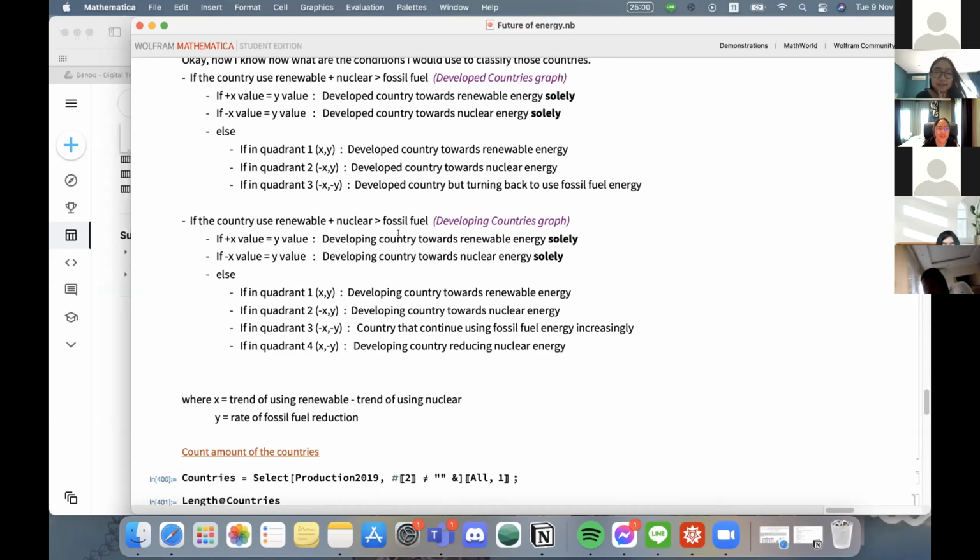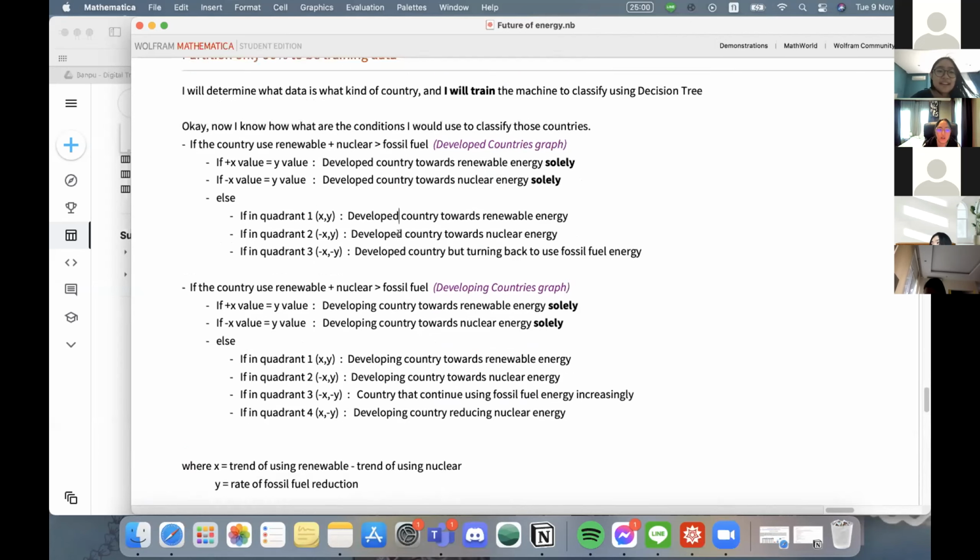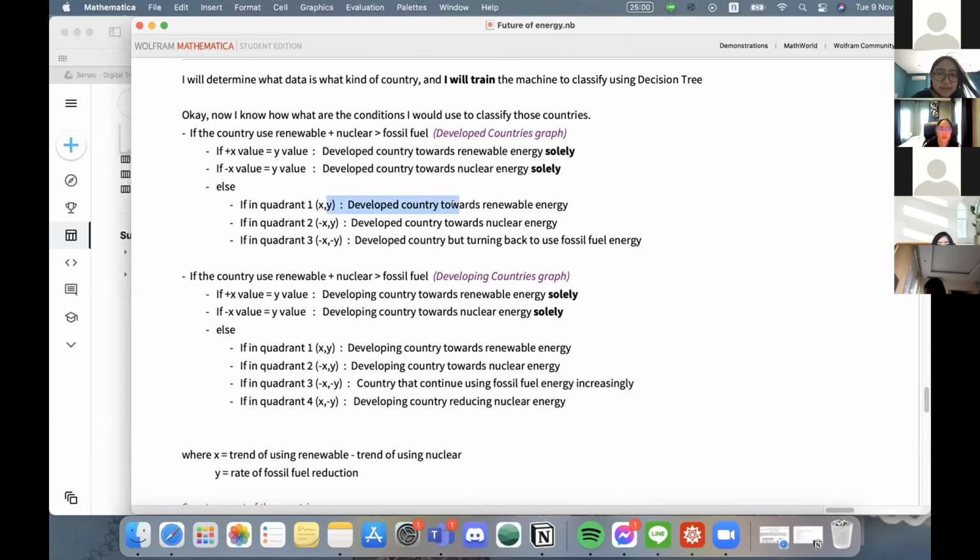So maybe choose a different word that's a bit clearer, because development in terms of global economics is a well specified word. If you use that word, people will misunderstand what you're trying to do. That's all. Okay, and so how can I classify this?